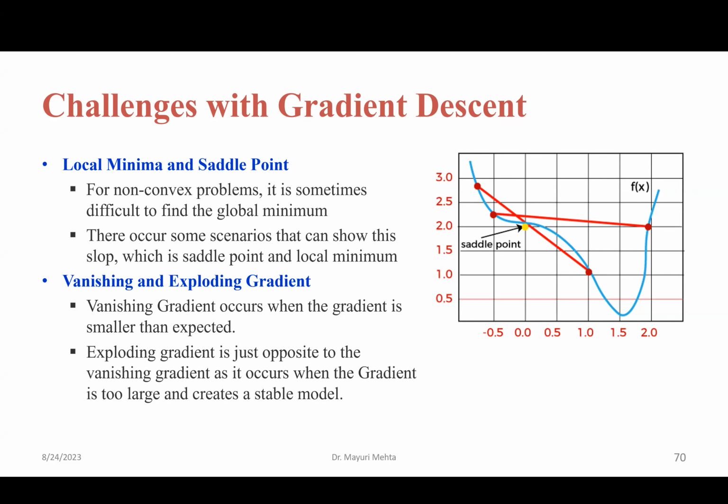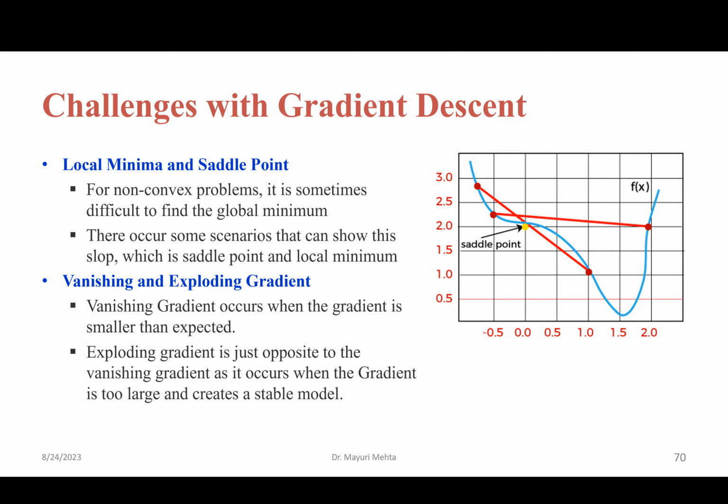Apart from the global minimum, there are some scenarios that can show this slope, called saddle point and local minimum. Local minima generate a shape similar to the global minimum, where the slope of the cost function increases on both sides of the current point.